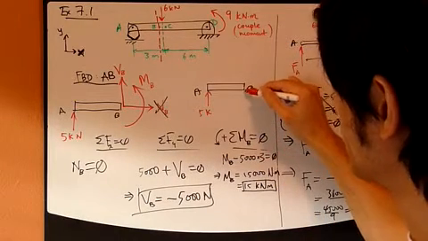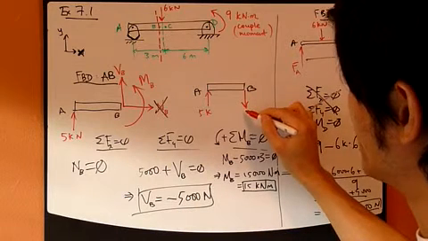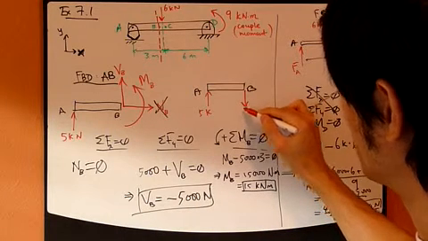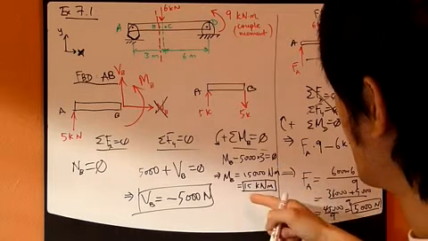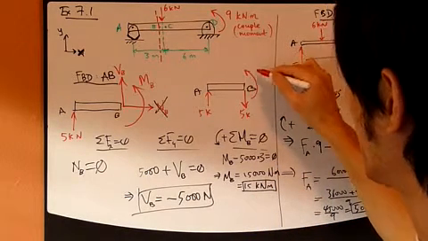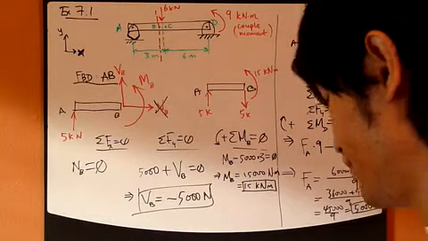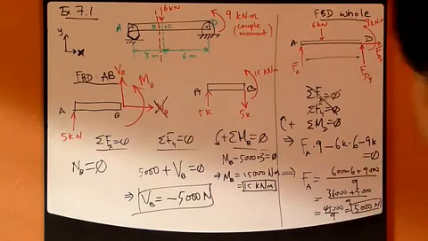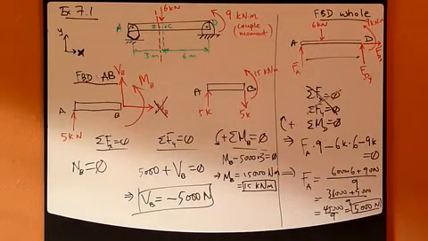I only have a shear force going down because of this negative number right there. So this shear force is 5,000, and I have a bending moment in the counterclockwise direction, 15,000 Newton meters. That's all. So this is your free body diagram. Everything has been calculated.